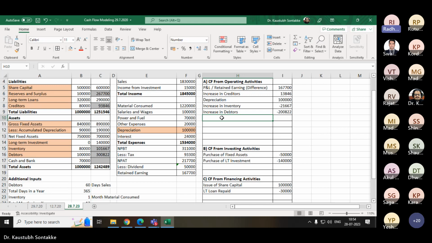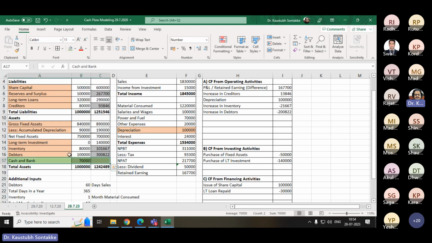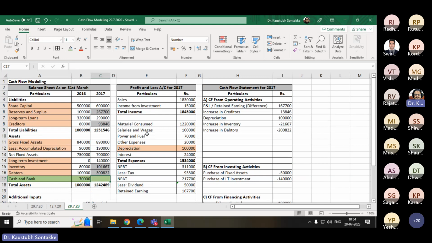And cash and bank is still remaining. This is the main thing for which we are doing all these things, so I will color code it differently. I want cash and bank here, closing balance from the cash flow statement. So balance sheet items are over.